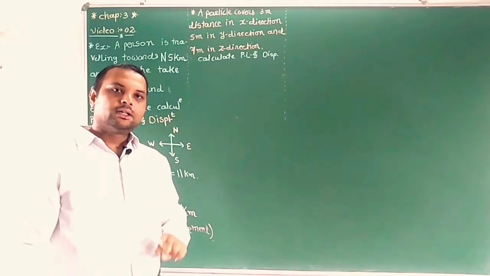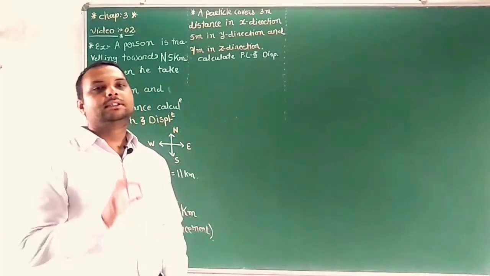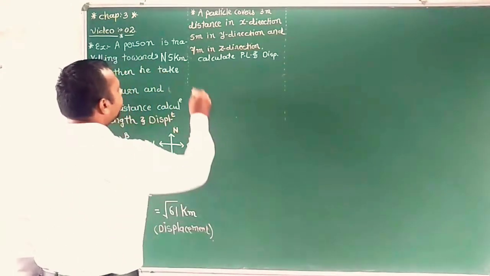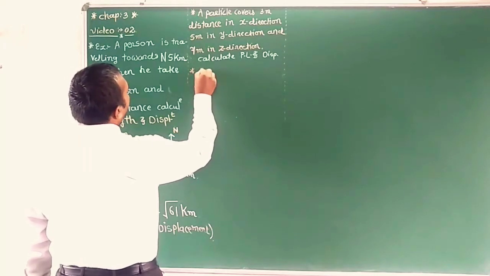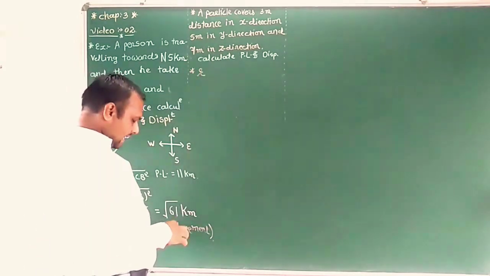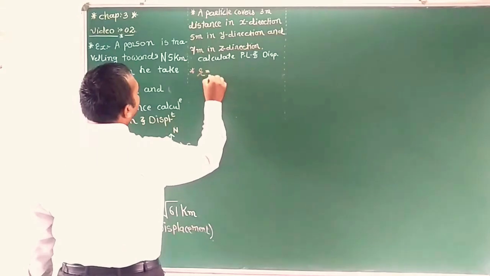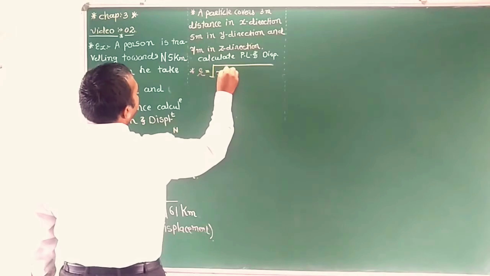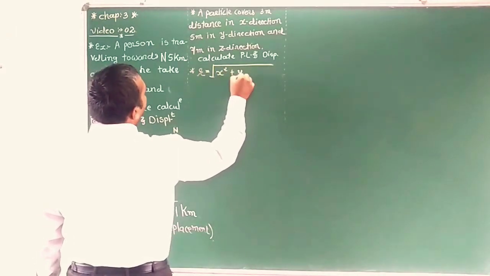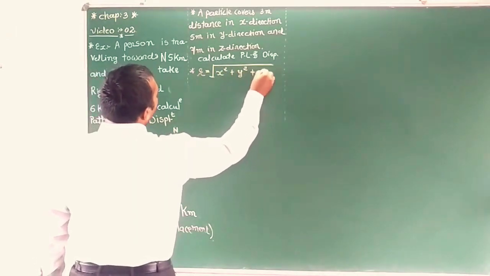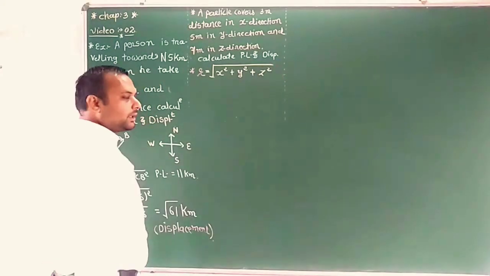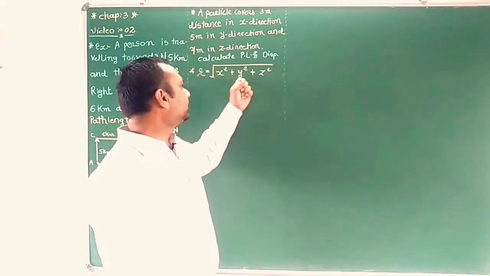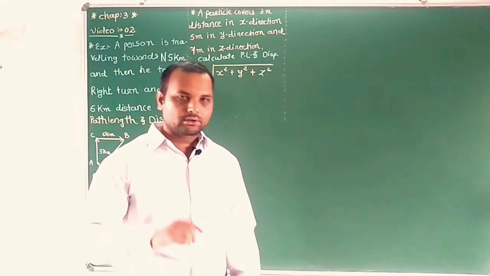Whenever all three directions are given, you have to take the common formula, represented as r, which is the square root of x square plus y square plus z square. All the magnitudes of the directions you take the square and root of; that is called the magnitude.